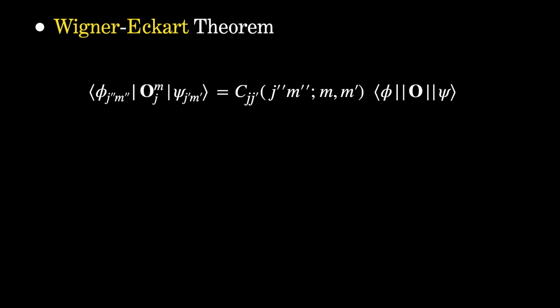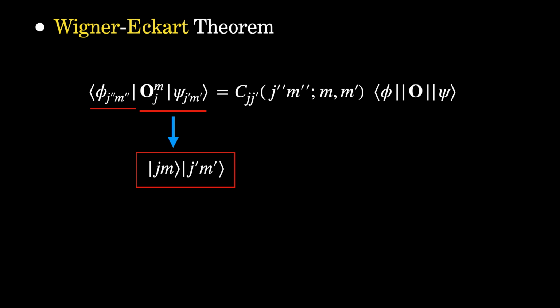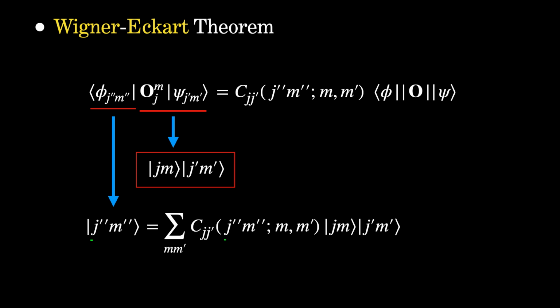The intuition behind this theorem is that the operator O^J_M acting on the state psi behaves as if it is the product of angular momentum states |J m> and |J' M'>. As long as the operator rotates like |J m>, this is the key. And from the development in lecture 21, we know that any angular momentum state like |J' M'> in our case can be expressed in terms of two lesser angular momenta, J and J', through the Clebsch-Gordan coefficients.